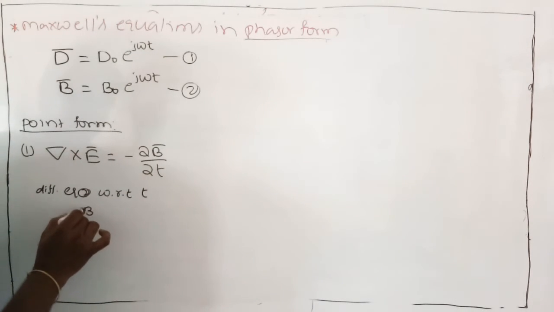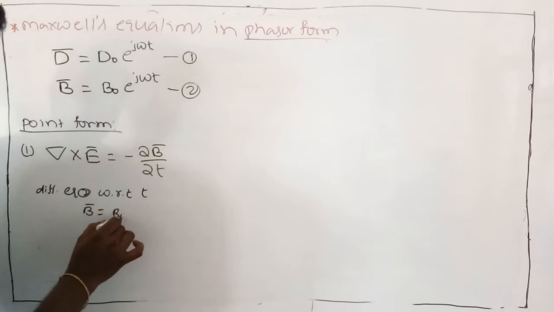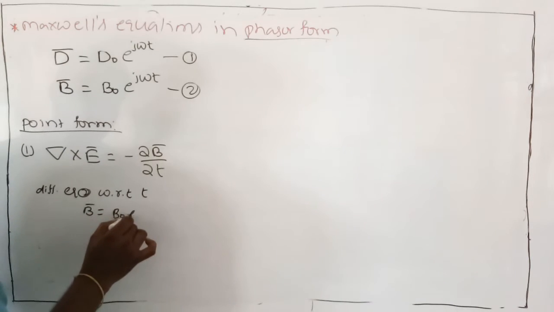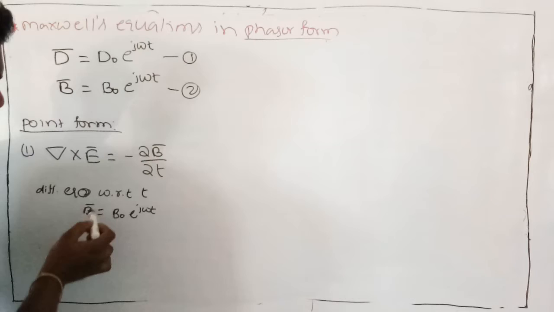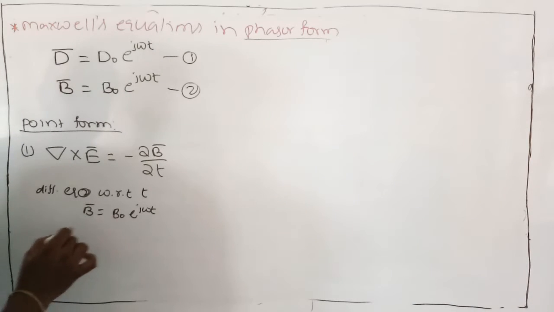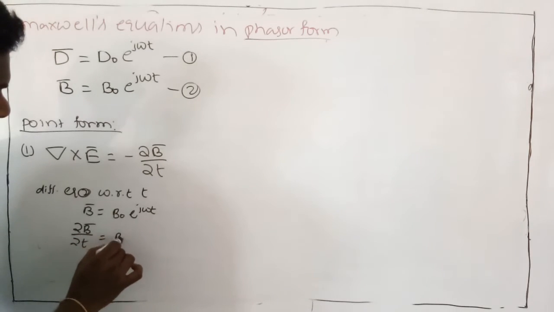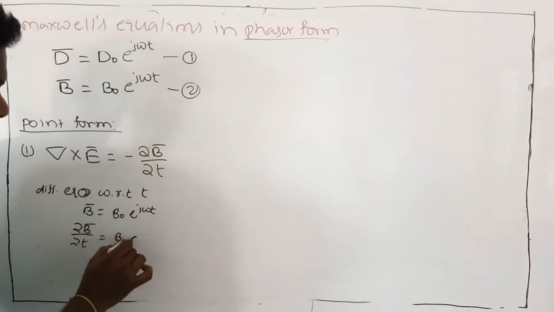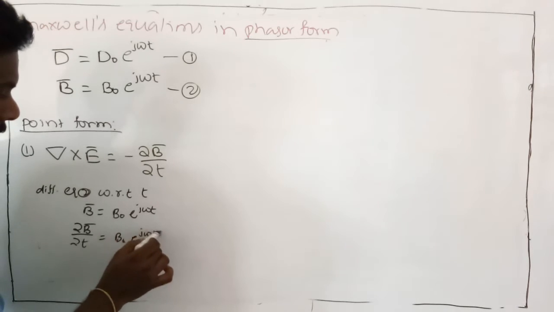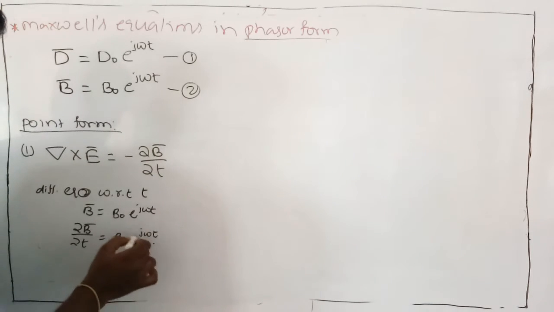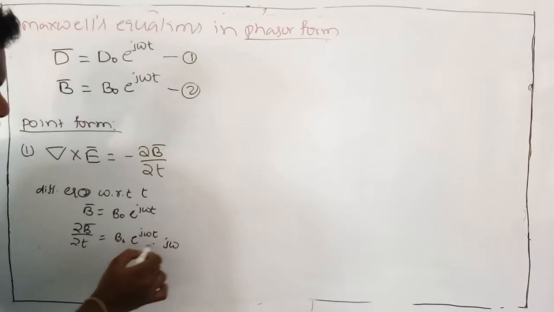So just consider equation 2 first of all. It is B naught e power j omega t. Do the differentiation on both sides. So dou B bar by dou t equals B naught is constant, and what about e power j omega t? Differentiation of e power j omega t is e power j omega t, and there is a constant here, that is j omega.